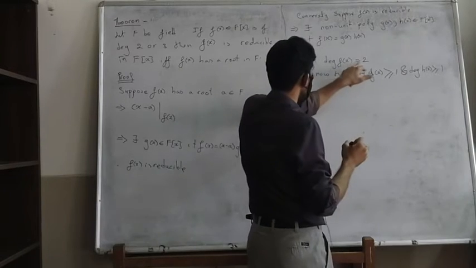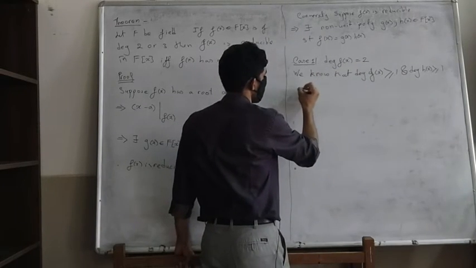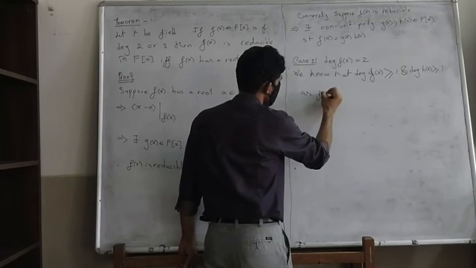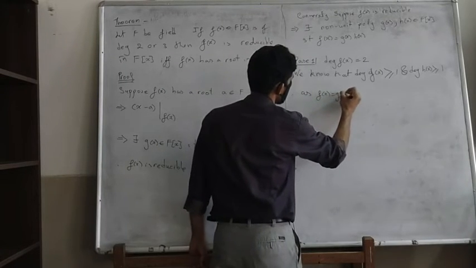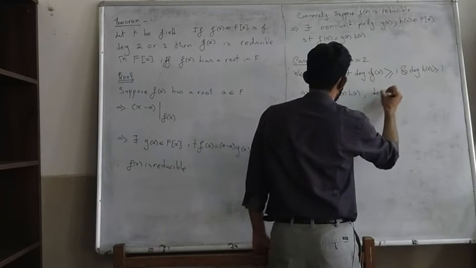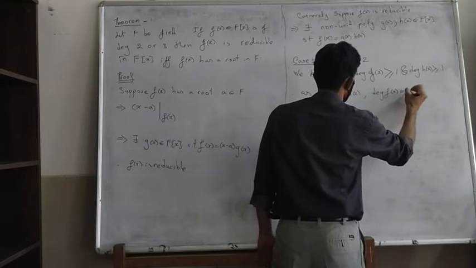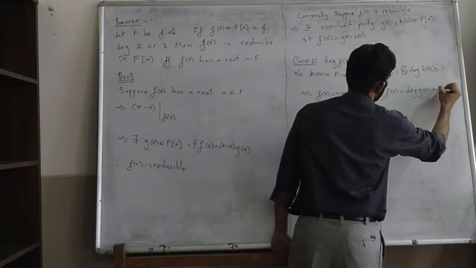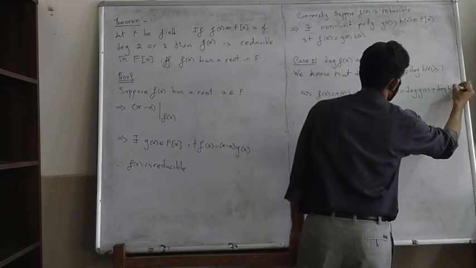Since f of x is equal to g of x times h of x, the degree of f of x is the degree of g of x plus the degree of h of x, and this is equal to 2.